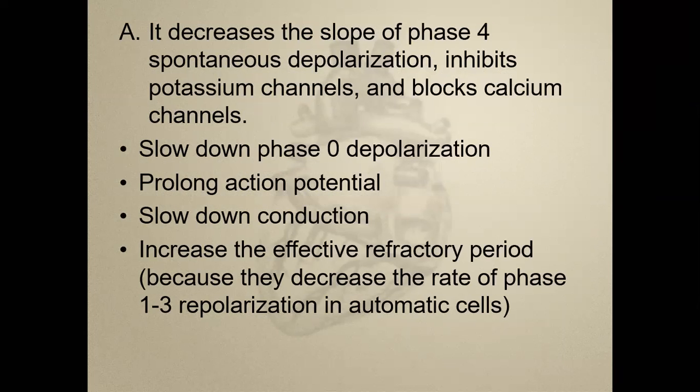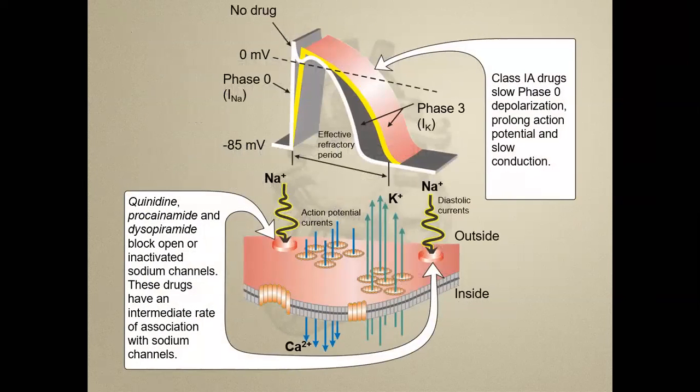These drugs inhibit conduction, and as a result, increase the effective refractory period. You can see the result of action of these drugs, prolongation of effective refractory periods by decreased flow of different ions.